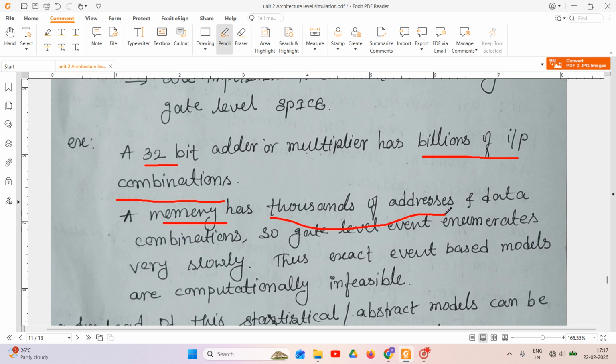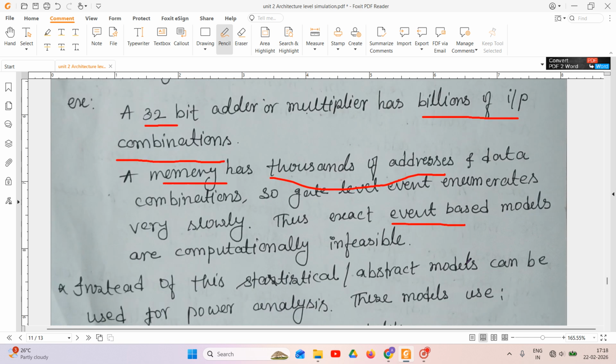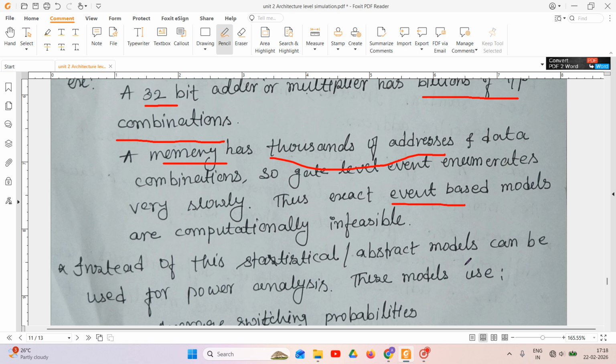It depends on the bit length, whether 2-bit, 3-bit, 4-bit, 8-bit, 10-bit or 16-bit, and so on. The number of addresses and data combinations increases, so the speed of simulation slowly reduces as the bit length increases. Because the number of events is so large, it is highly impractical to compute in gate level simulation.